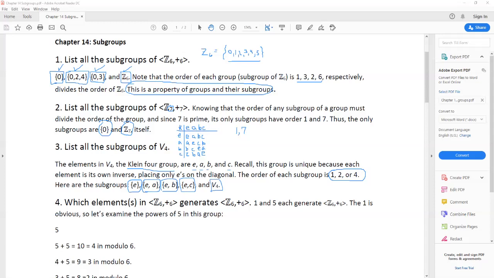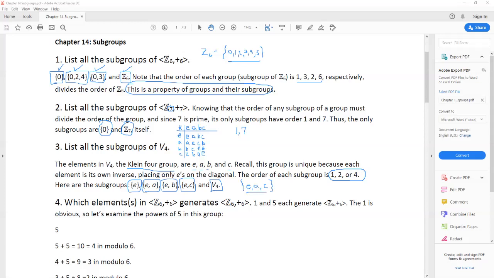Now, why would we not be able to include, let's say, EAC? Well, knowing the property that we discussed from the first 2 problems, a subgroup of order 3 would not divide a group of order 4. In other words, 3 does not divide 4.